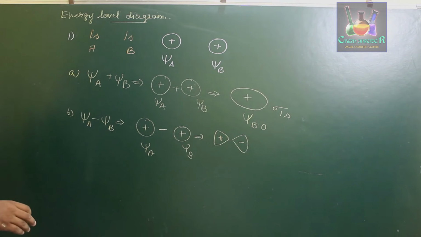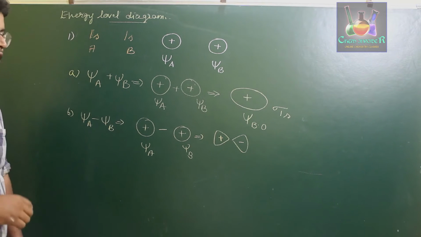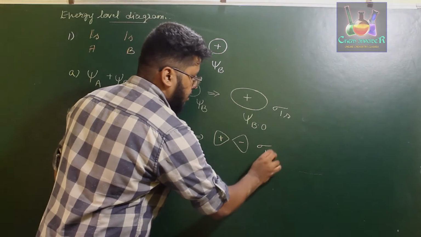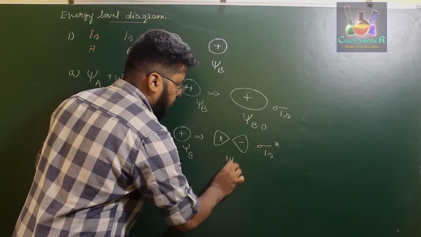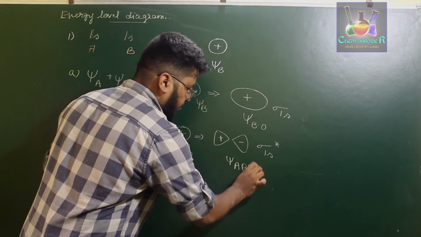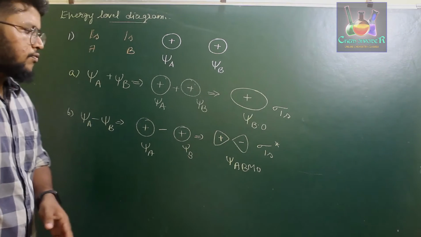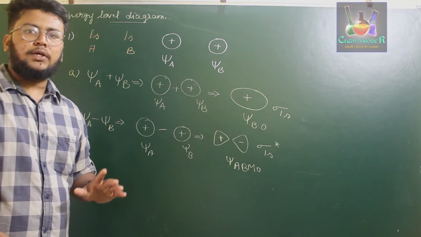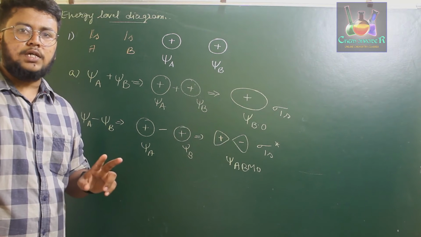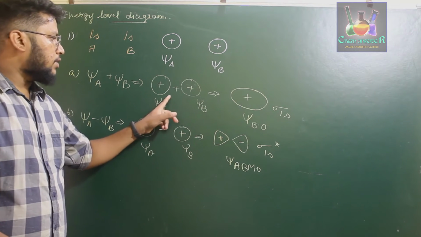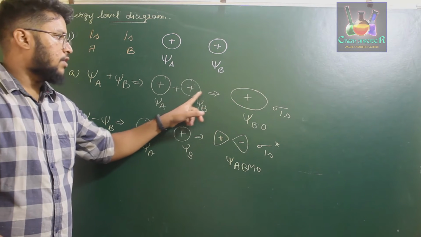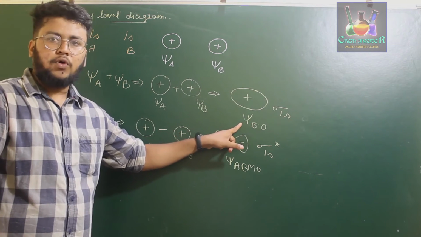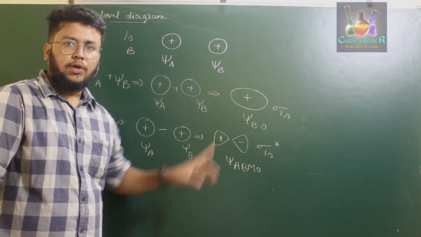Both of these will be repelled from one another, which gives us sigma 1s star, which is psi ABMO. If you observe carefully, there is no overlapping possible at all. Overlapping is only possible when two of the same signs are combining. In this case, both are positive, therefore they combine constructively to form psi BMO, which is the bigger molecular orbital.